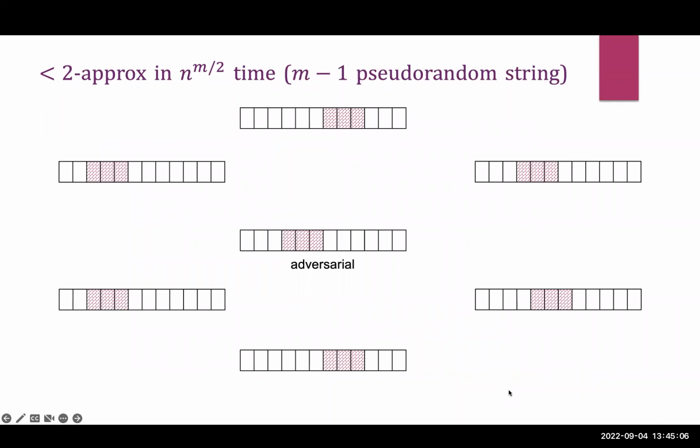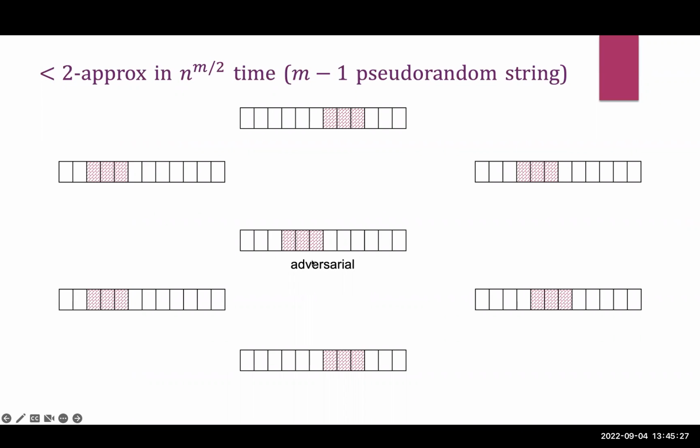So in the last few slides, I will give a brief overview of the algorithm that gives us below 2 approximation of alignment distance considering one string to be pseudorandom. Now, before going to that, let's take a recap of the case where m minus 1 strings are pseudorandom and only one string is adversarial.